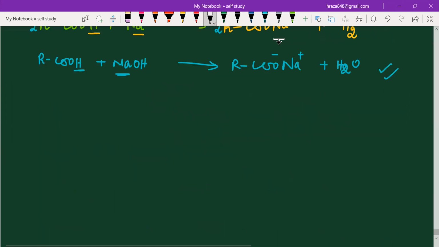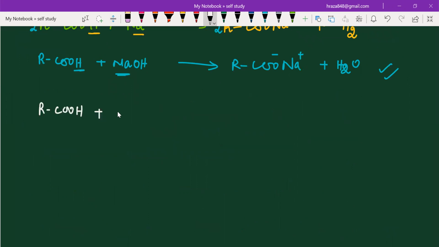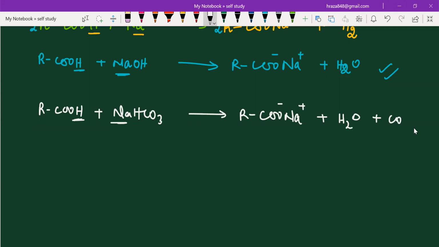Now see, if you react this RCOOH with NaHCO3, it's very easy to understand. Again this hydrogen will be replaced by sodium, so it will be the salt, COO minus Na plus, along with the formation of H2O, and then another gas, carbon dioxide, will be formed.